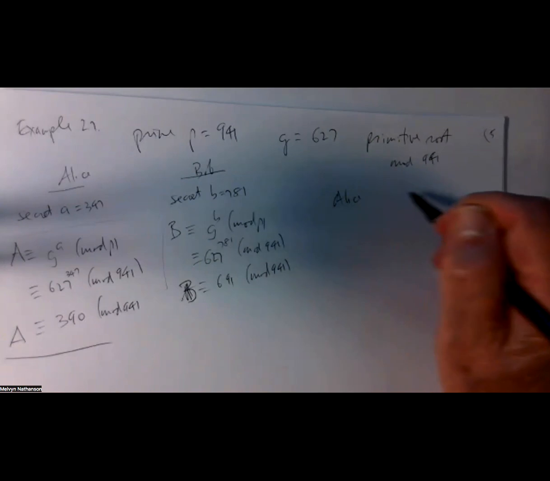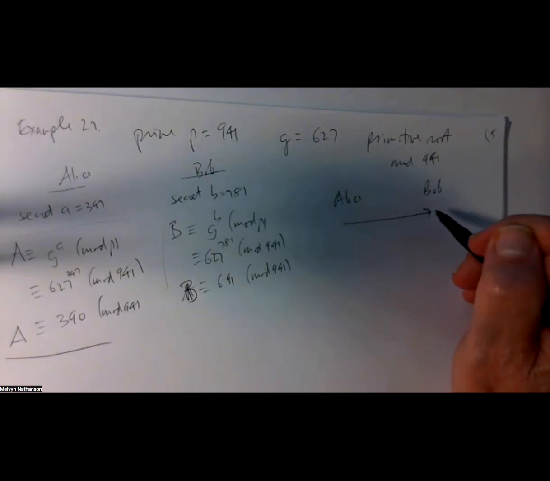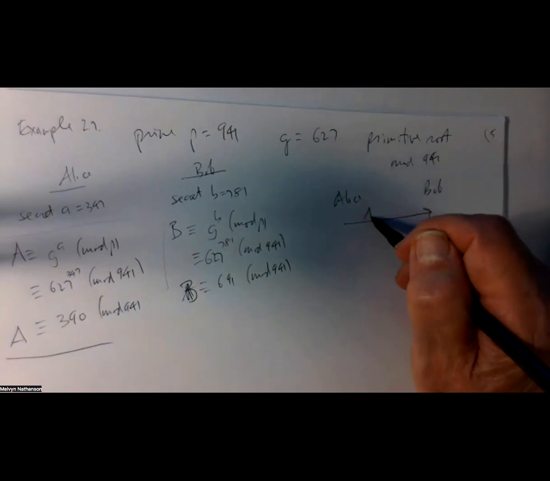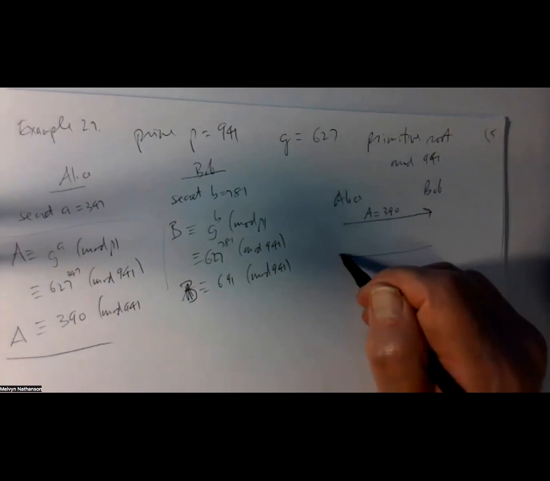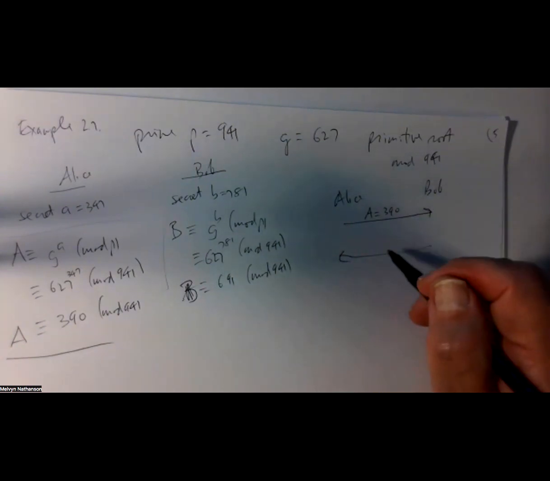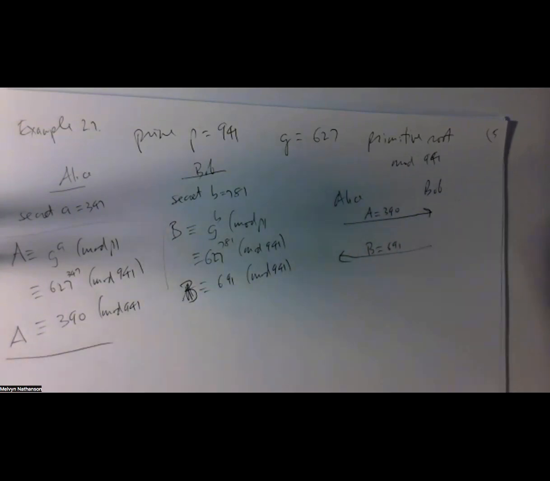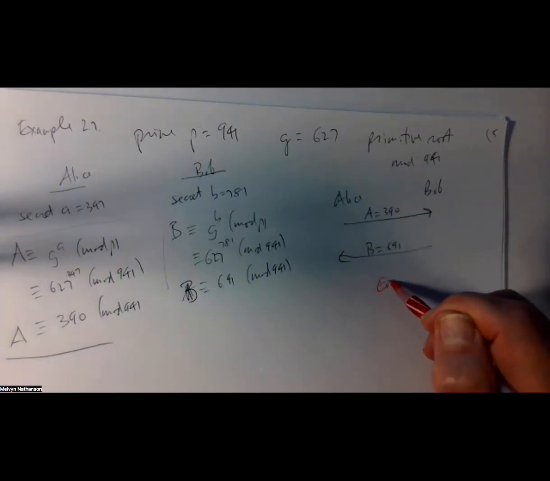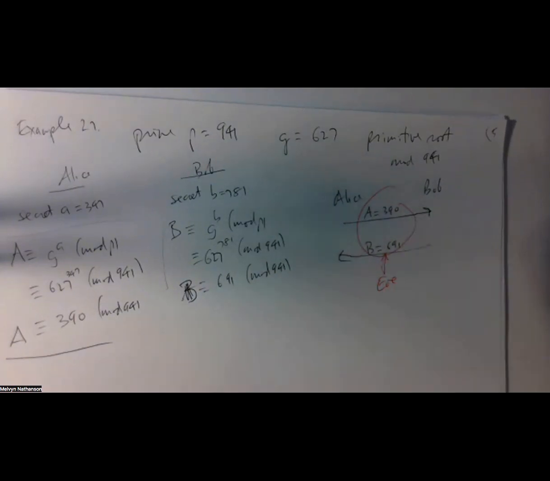So here we have Alice, here we have Bob. What Alice sends to Bob is her number A equal to 390. What Bob sends to Alice is his number B equals 691. And Eve, who intercepts all communications, gets those two numbers, right?